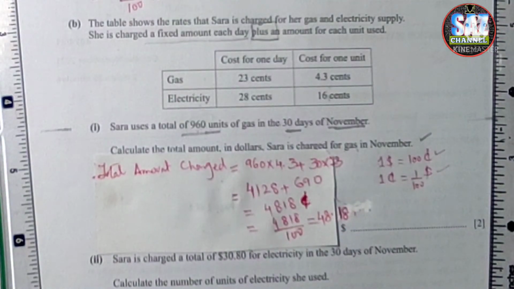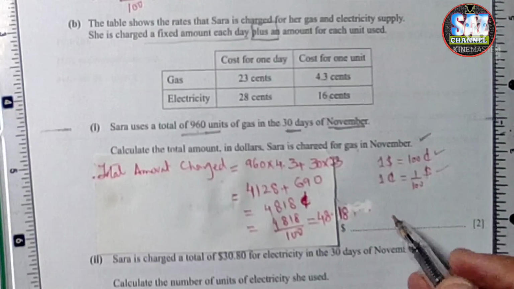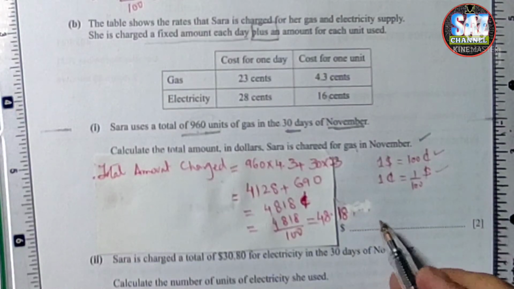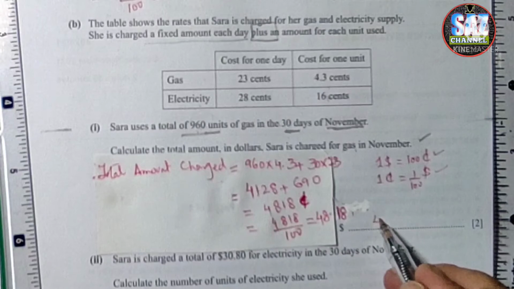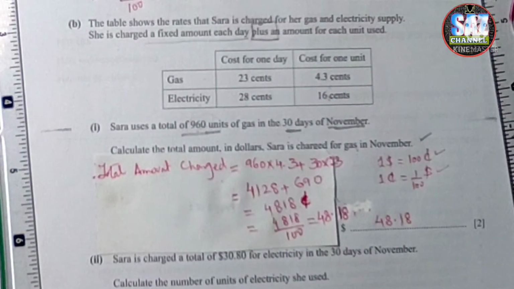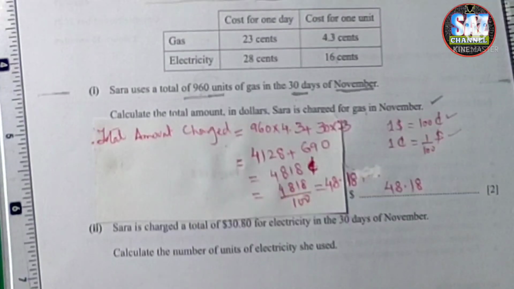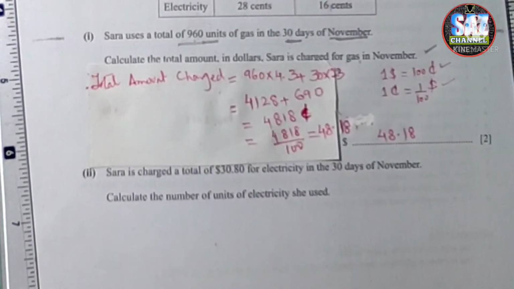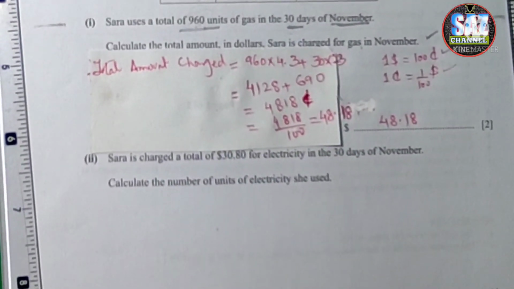I hope you are clear how we are finding the total amount that she has to pay for the gas in the month of November, that is 48.18.